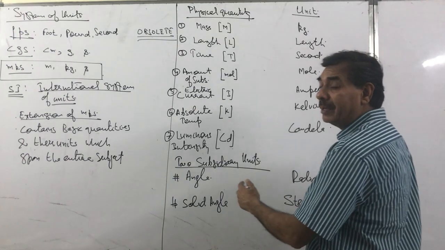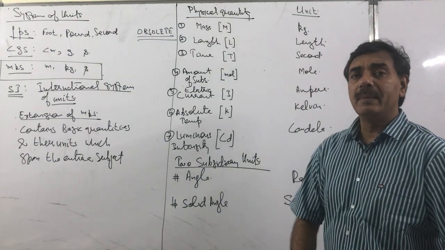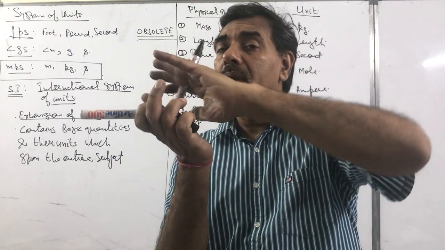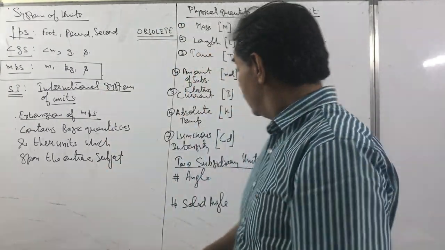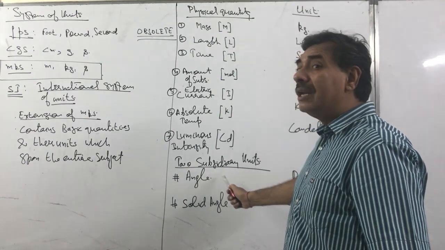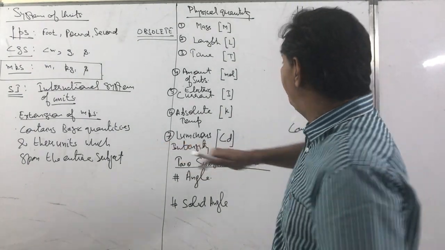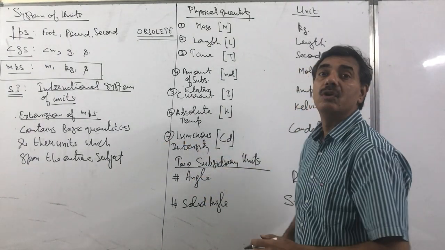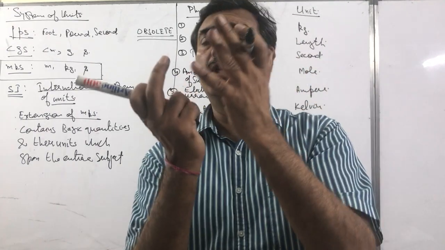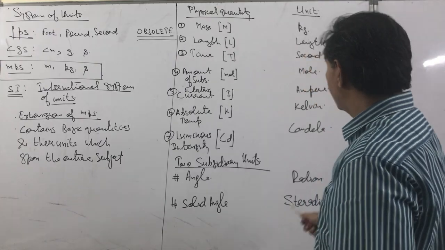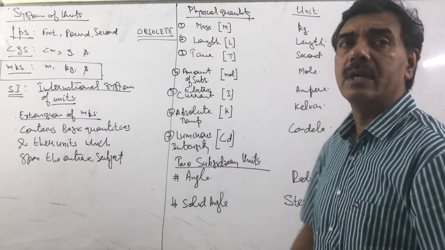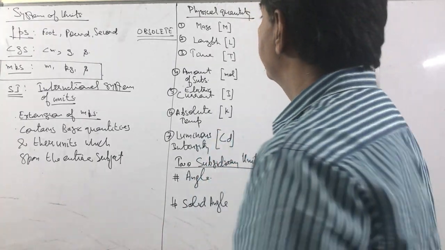It is an angle in 3 dimensions. Like in an ice cream cone, the angle formed is in air. Angle is on a plane surface, you know. Solid angle is the angle inside a cone. I hope you get it. The units are radian and steradian respectively.